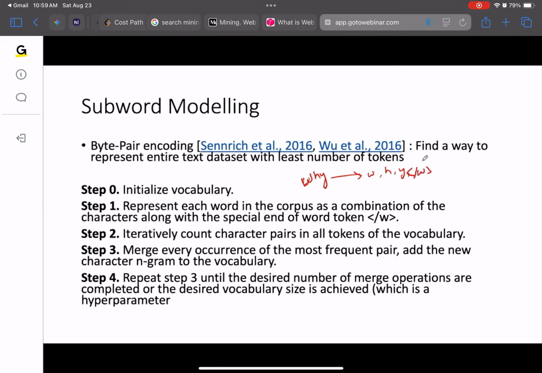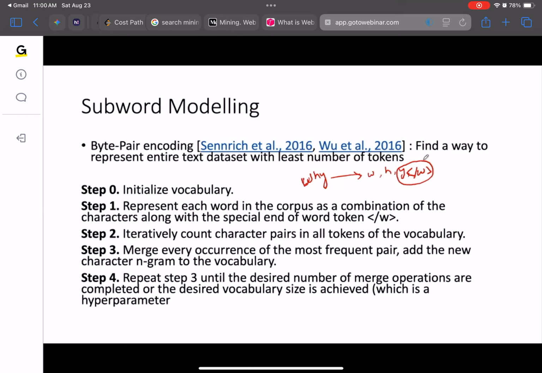It indicates that this y occurs at the end. This helps us differentiate it from a y that occurs in between the sentence or in the suffix. So this is how we divide.